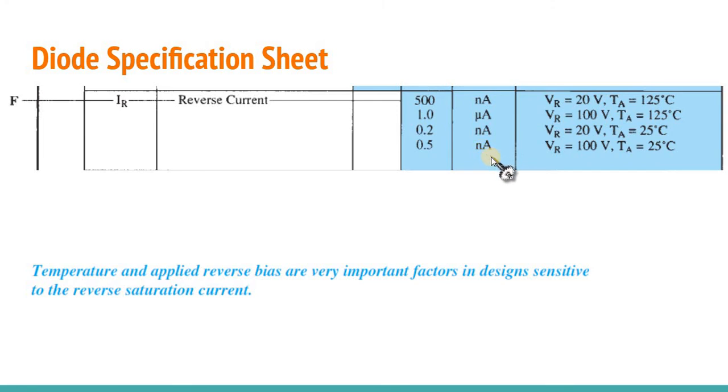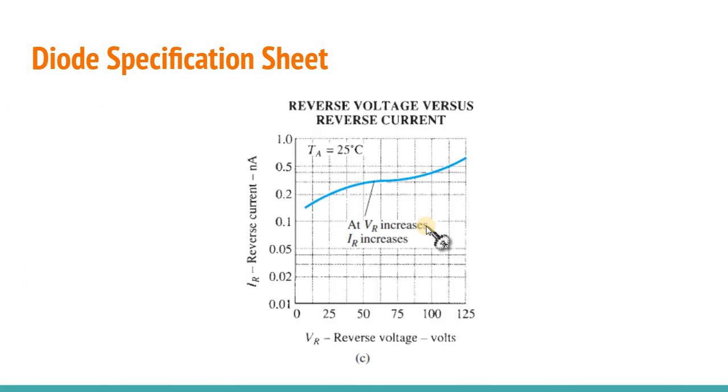So, in the reverse current, if you look here in the graph, mutaas ang iyahang current with the increase of voltage. Okay, so when VR increases, reverse current increases.